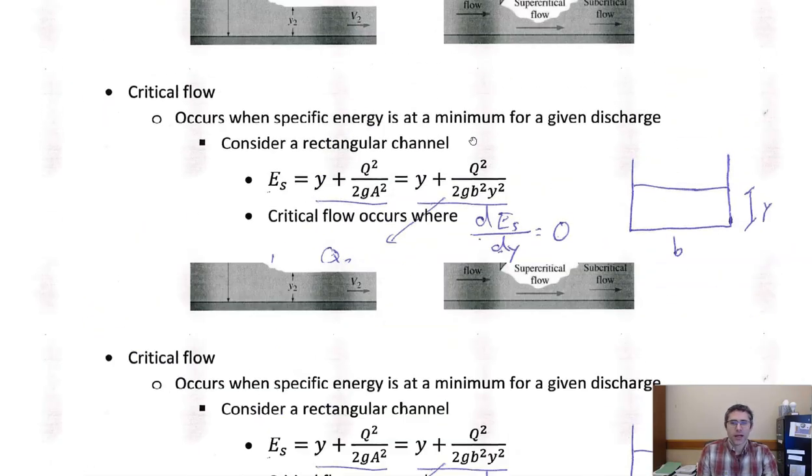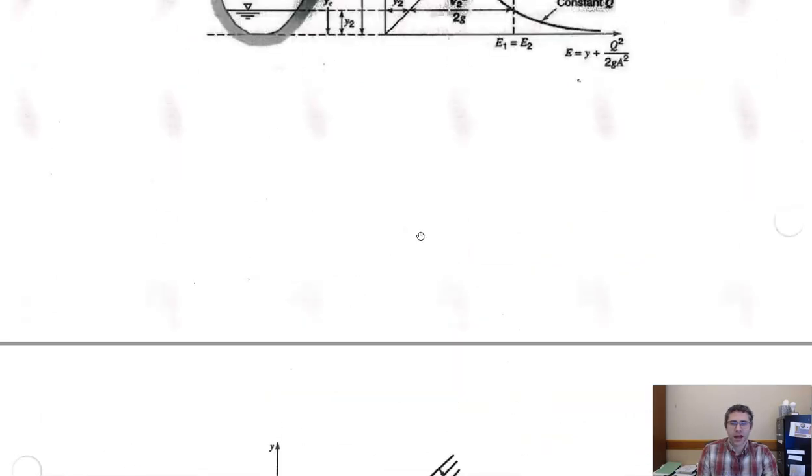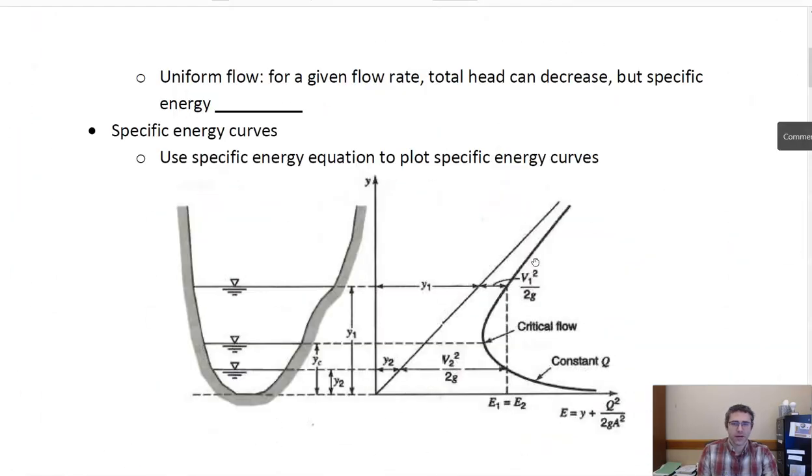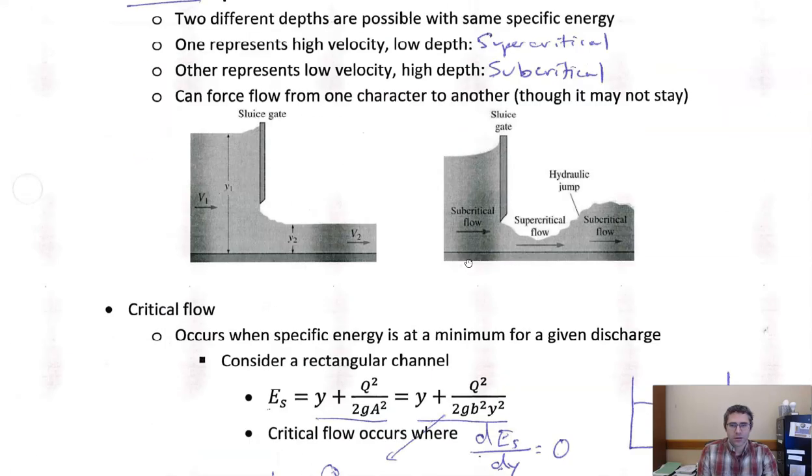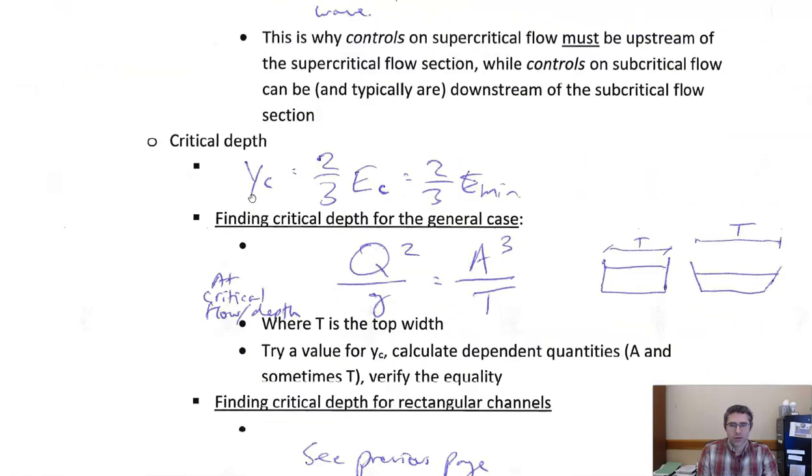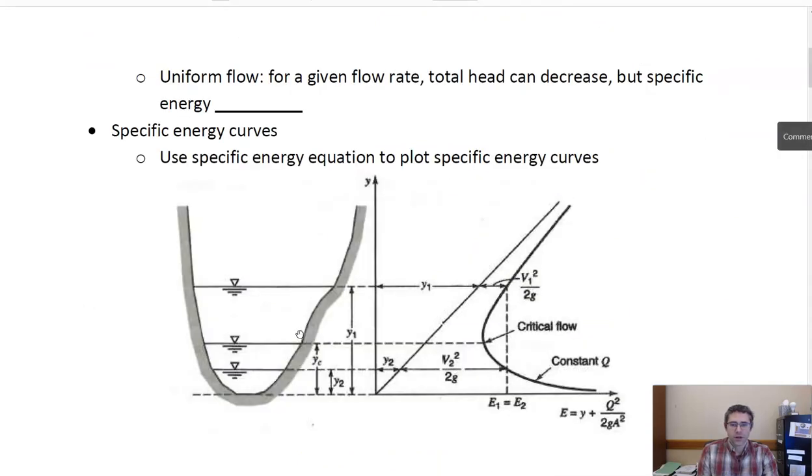So going back up to this graph, or this horrible graph, this location right here, E min, is going to be such that the critical depth is 2/3 E min. So this critical depth, this distance right here, is 2/3 times the distance from here to here.